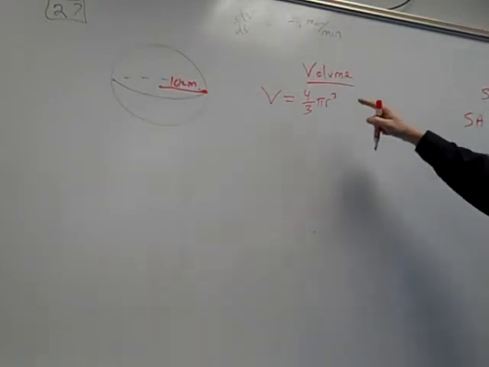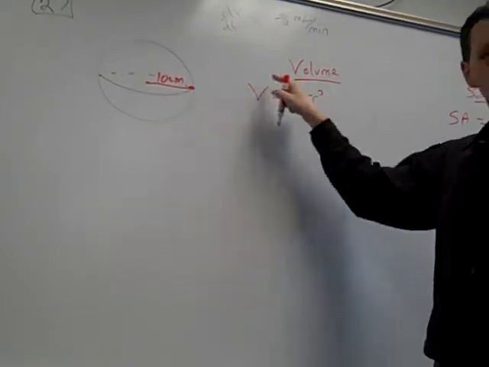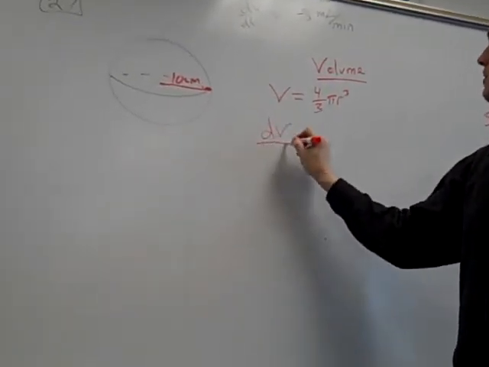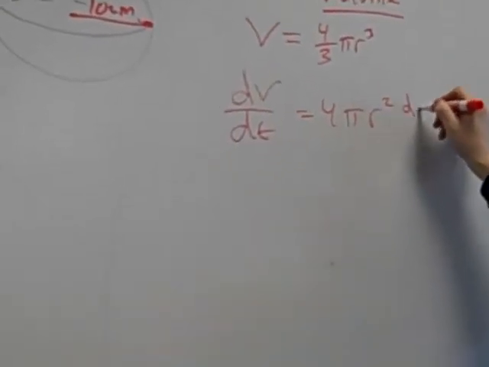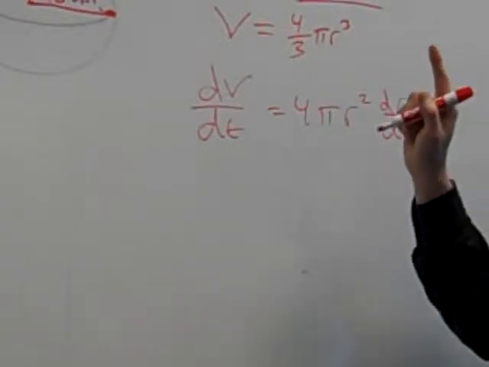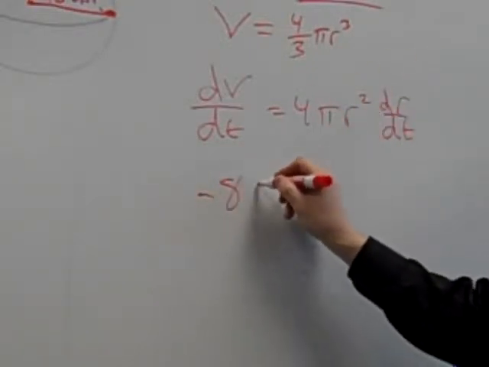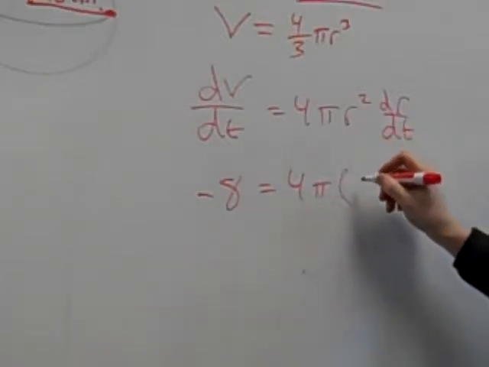Okay, we know that if I take the derivative of volume, dV/dt equals 4 pi r squared times dr/dt. And at this particular moment, I know that dV/dt is negative 8, and r is what? 10.